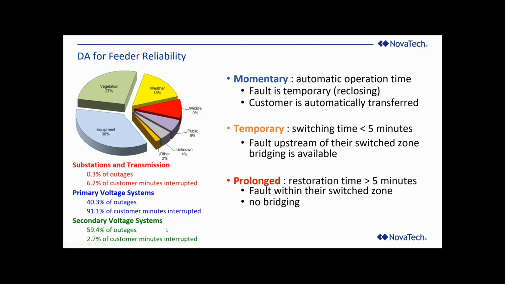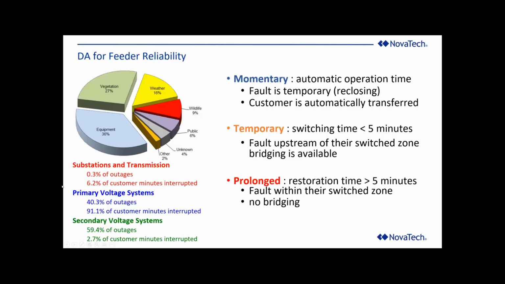The secondary voltage system has lots of outages, but those are outages of a service drop that has broken, or a transformer failure, or a fuse blown. That usually affects very few customers, but there are lots of outages.